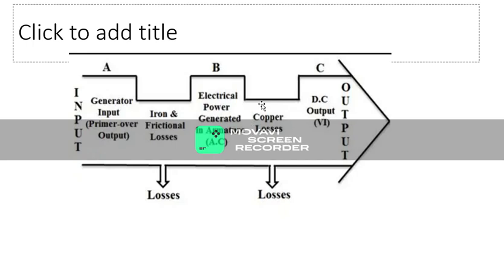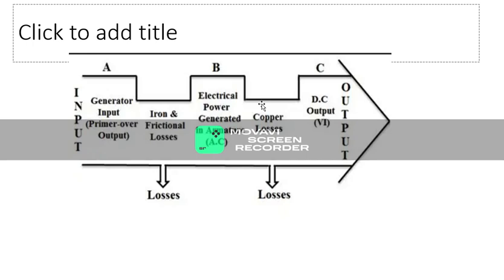We already discussed the variable losses as copper losses, occurring in the armature windings, series field winding, shunt field winding, and interpole windings. All these are copper losses occurring in the windings, I square R losses. After subtracting these losses, we get the exact electrical output.